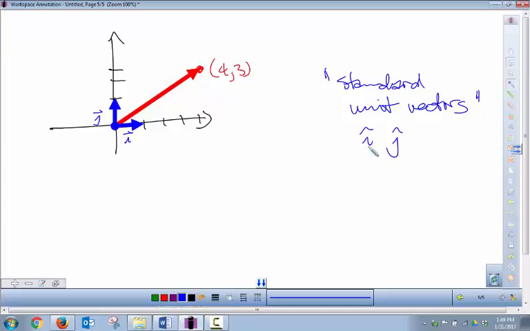If you're taking linear algebra, you'll learn more about basis vectors. I, for example, is equal to 1, 0, and j is 0, 1.